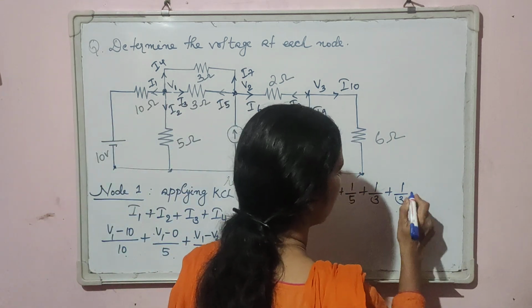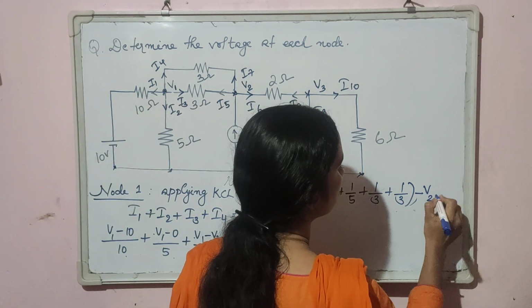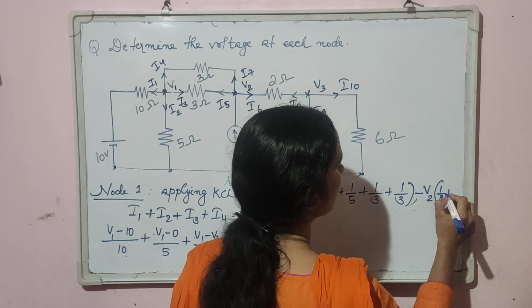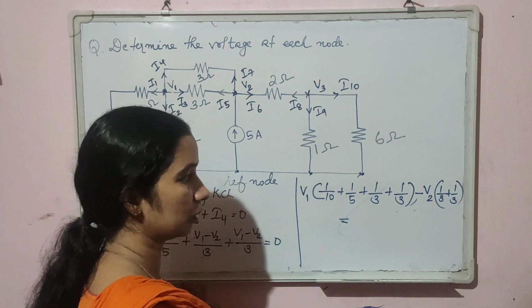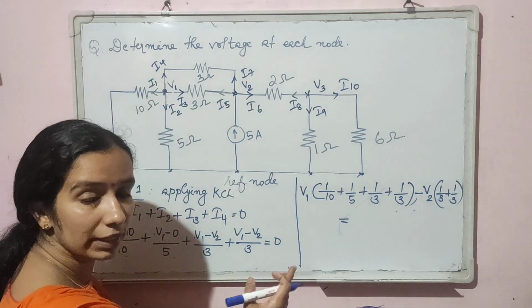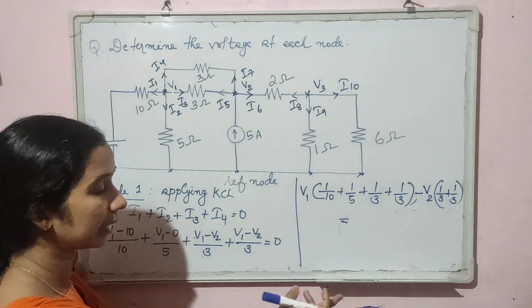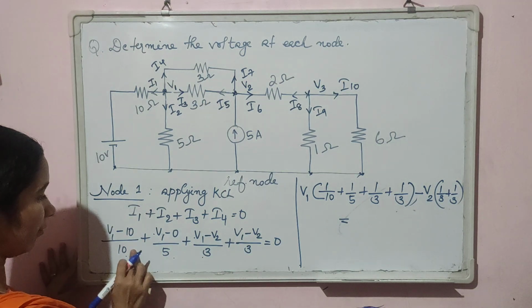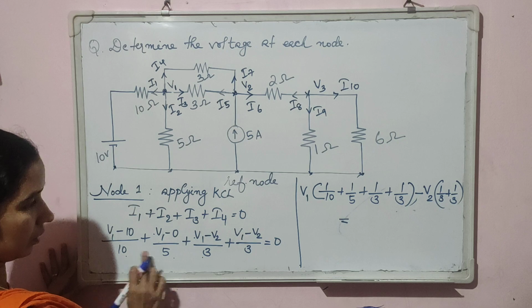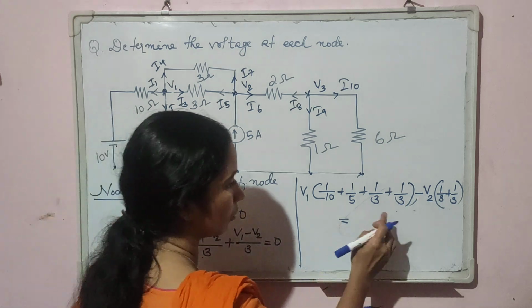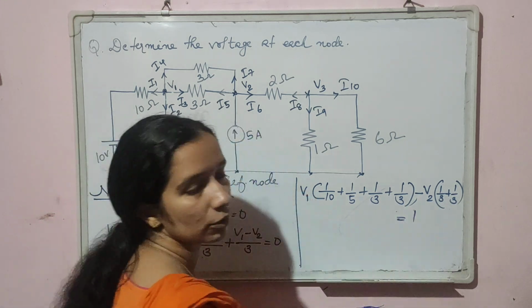Taking all the constant terms to the right hand side, here we have minus 10 by 10, that is minus 1, so on the right hand side it will become plus 1.